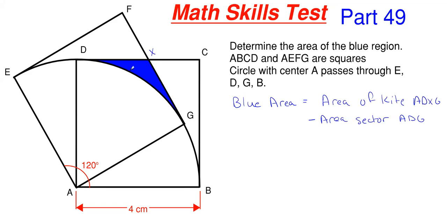Once we take this kite and subtract out our circle sector here in white, we will be left with what's in blue. So let's start working on getting our area of our kite.